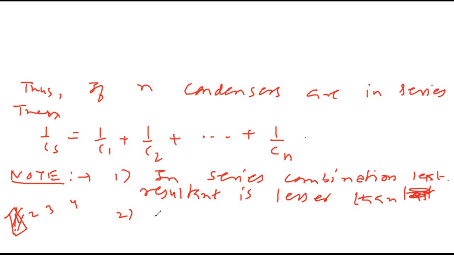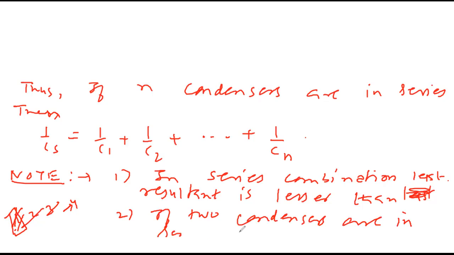Now, if two condensers are in series, then I can write 1 upon Cs equal to 1 upon C1 plus 1 upon C2. So from this 1 upon Cs is C2 plus C1 upon C1 C2.